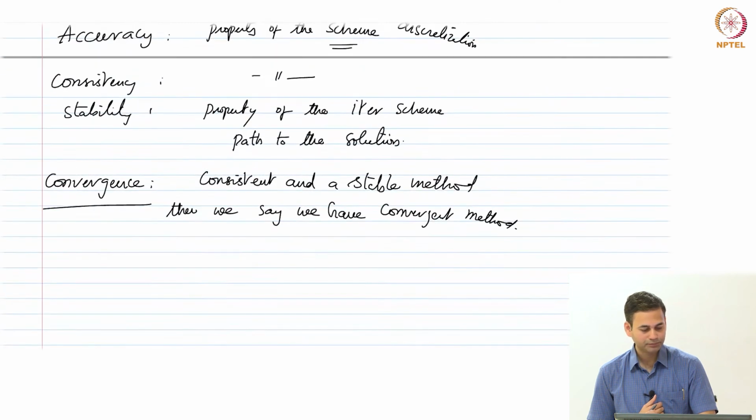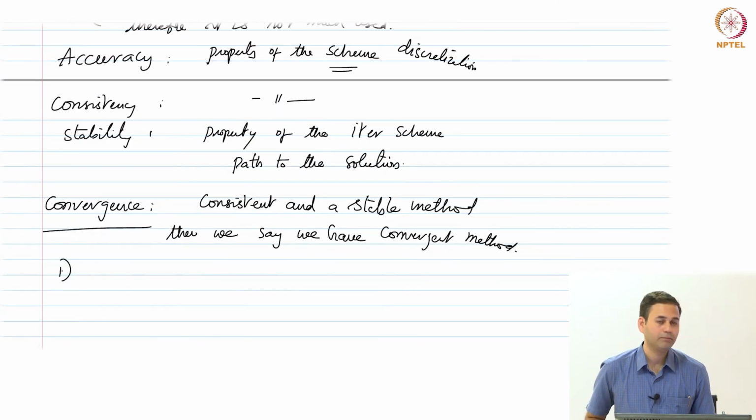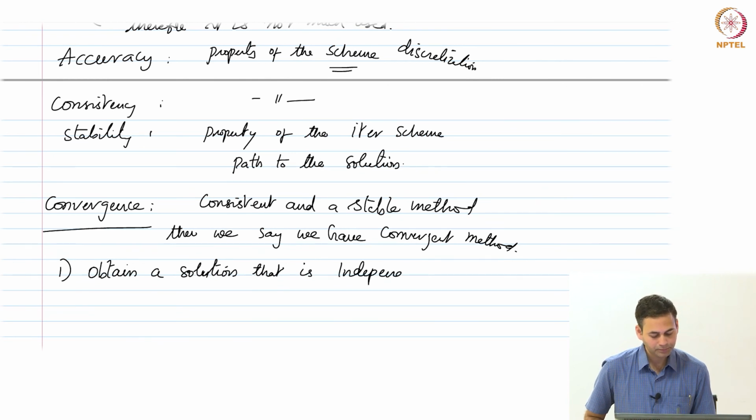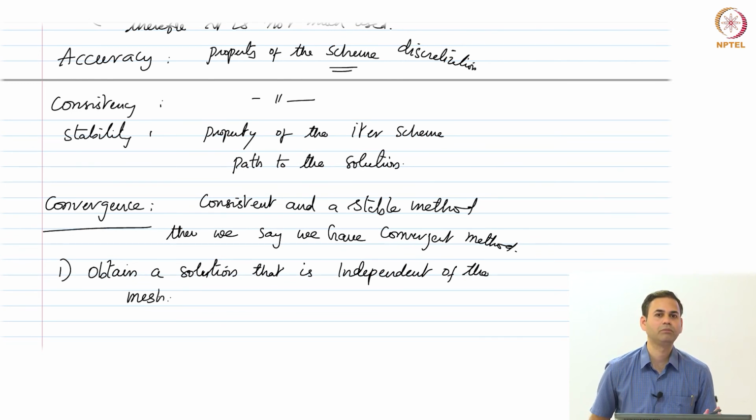One of them is to obtain a solution that is independent of the mesh. You might have heard of the term grid independency or mesh independent solution.